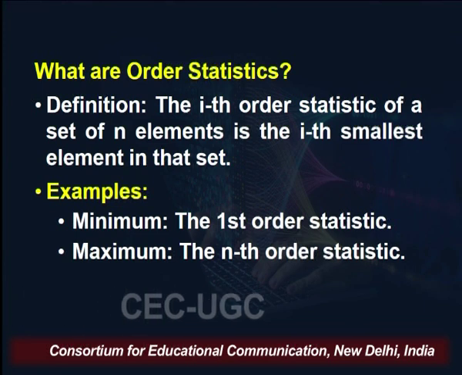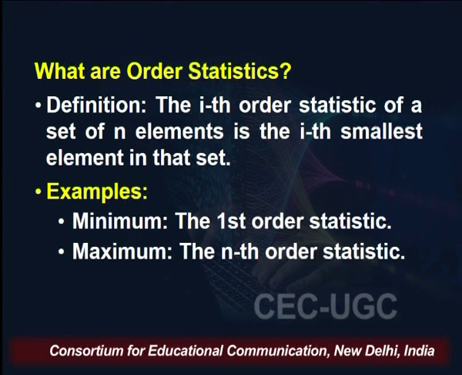Minimum is the first order statistic, because that is the first smallest element. Maximum is the nth order statistic. So the ith order statistic means, within the set of n elements, the ith smallest element in that set. Minimum is the first and maximum is the nth order statistic.